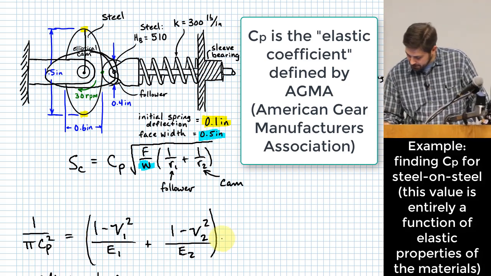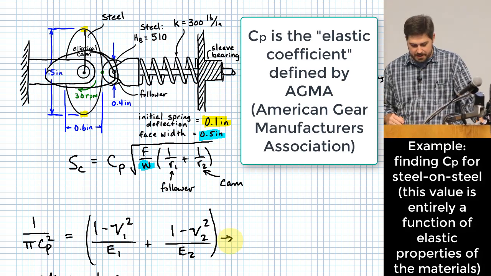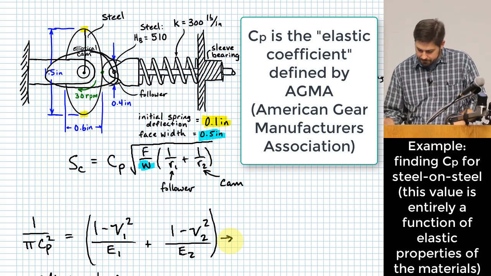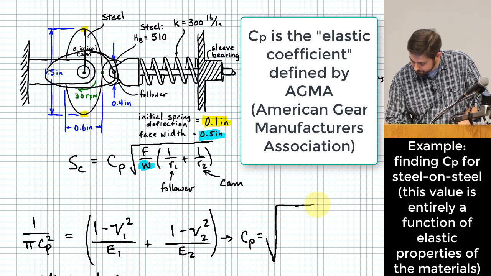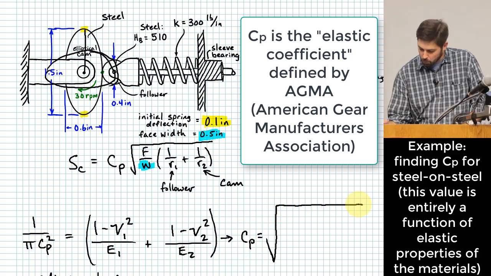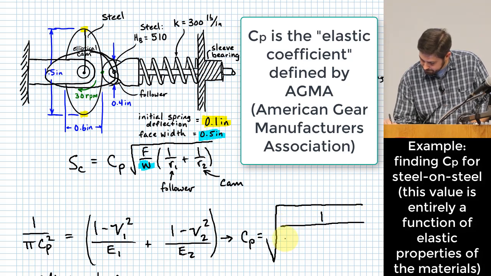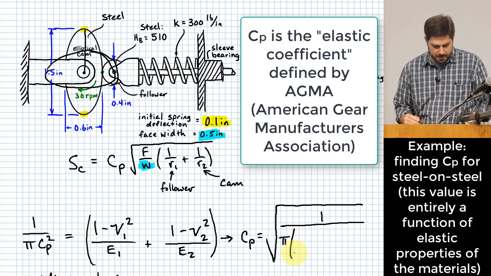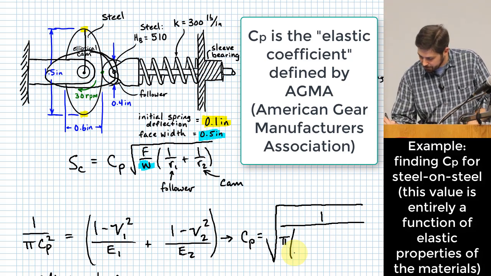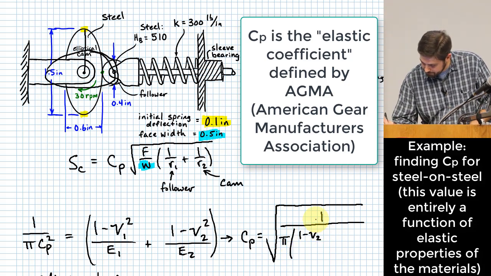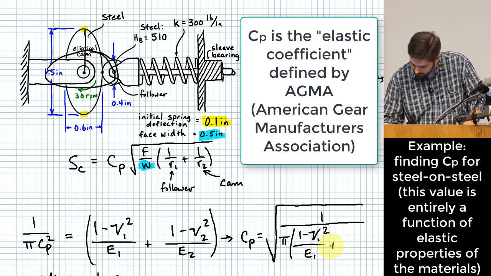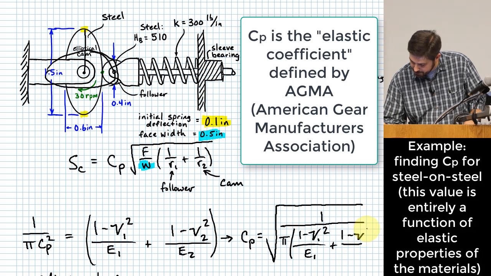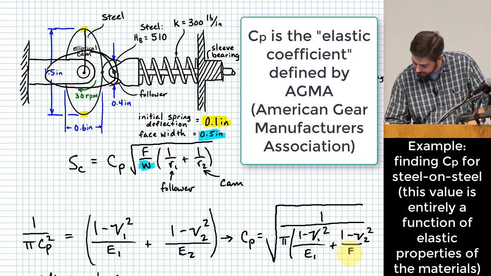So what I'll do is rearrange this and say that C sub p is equal to a square root of 1 over pi times that expression that was originally on the right: 1 minus your Poisson's ratio for piece number 1 squared over the elastic modulus, plus 1 minus Poisson's ratio for part number 2 squared over that elastic modulus.